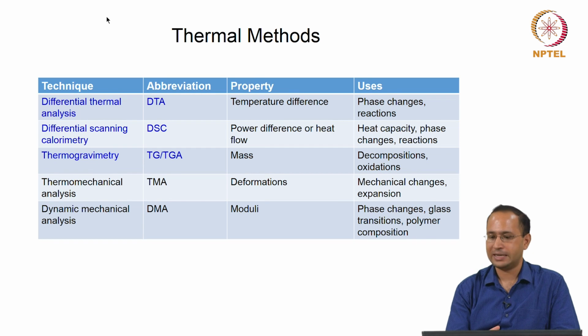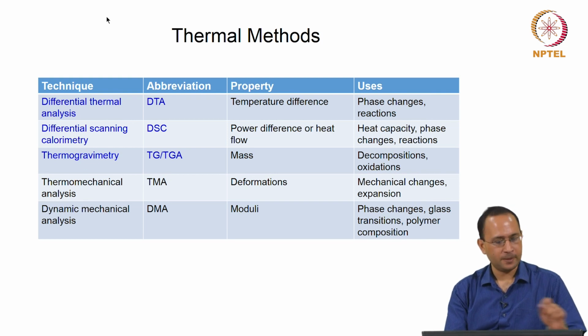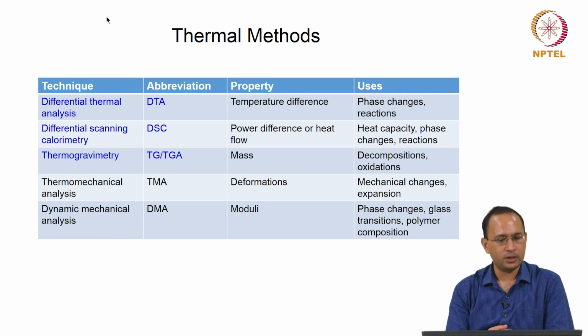It is used to understand mechanical changes, like expansion. Dynamic mechanical analysis, DMA, is used for measuring moduli. It can be used for polymers to determine the polymer composition, glass transitions, phase changes. These are a few applications, okay. But in this course we will focus on DTA, DSC and TGA, which are commonly used in construction materials.